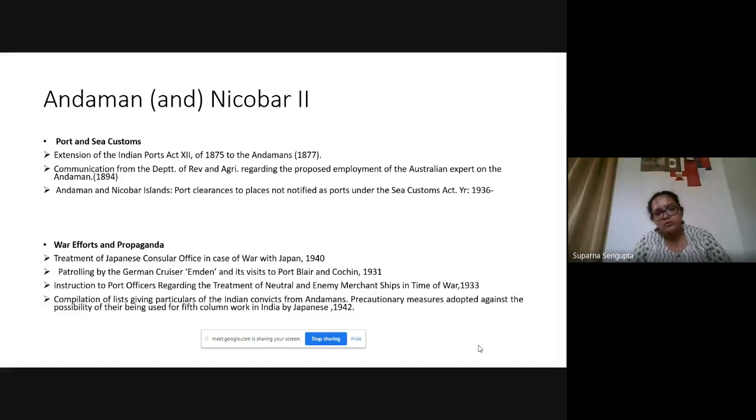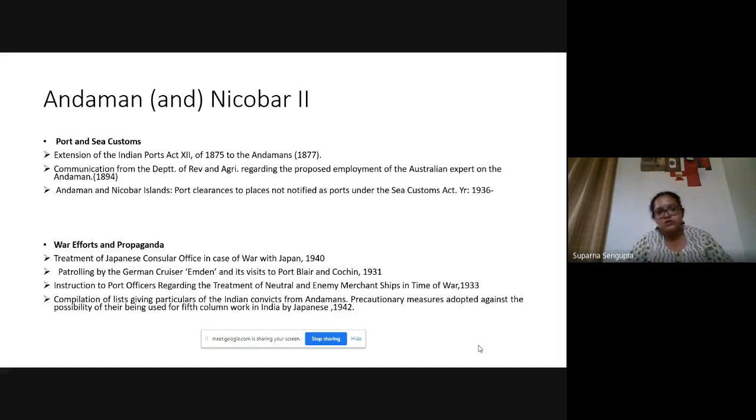Then, there was also the tension aroused by the patrolling of the German cruiser Emden and its visits to Port Blair and Cochin in 1931. Then instructions were duly given to port officers by the colonial administrators on how neutral and enemy merchant ships were to be treated in times of war.